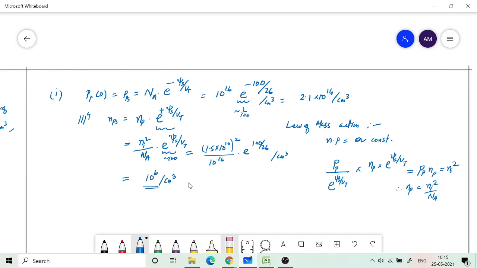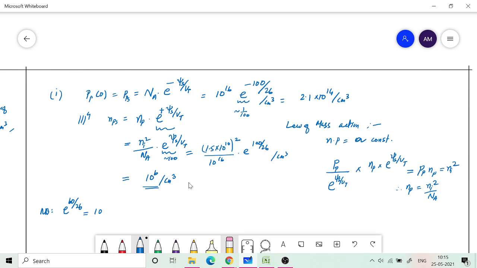Usually we say that if there is a 60 millivolt change, it corresponds to multiplying by a factor of 10. That's just a side note. Let me say e raised to 60 by 26, so that comes around as 10.